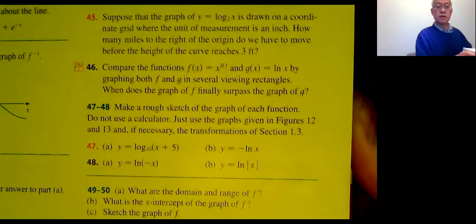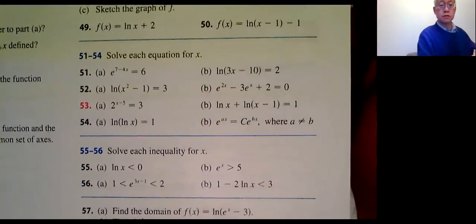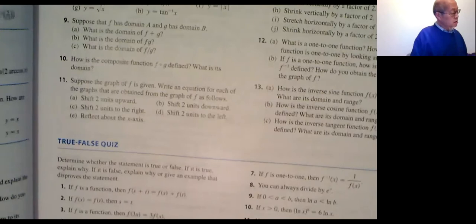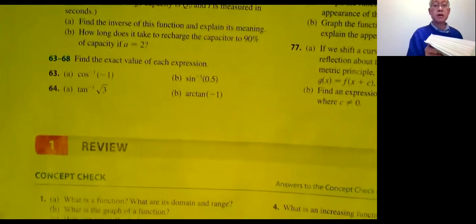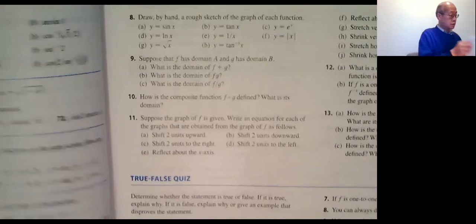And some more there. Let's see, some more on the next page. I don't think we have any of these word problems, but you have some of these inverse trig ones. So there. And there. Okay, and that should do it.